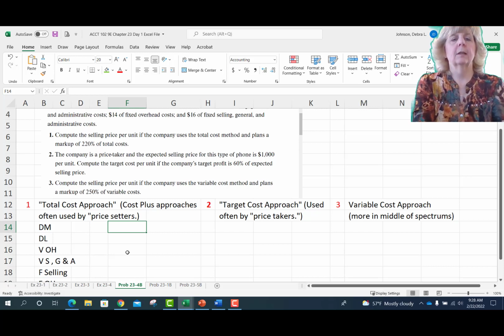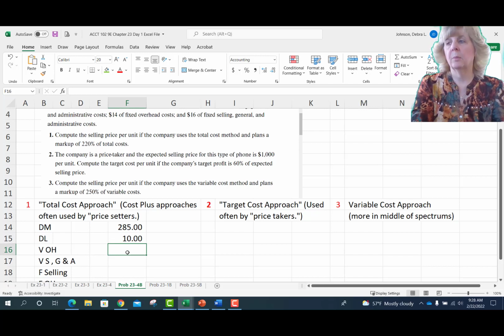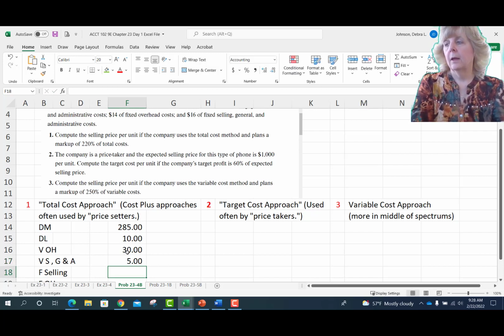So I'm looking at another screen so I can keep everything on one screen. The direct materials were $285. The direct labor was $10. This is all listed in the above requirements. The variable overhead was $30. The variable selling and administrative was another $5. Did I miss one? Variable overhead, variable selling was $5.